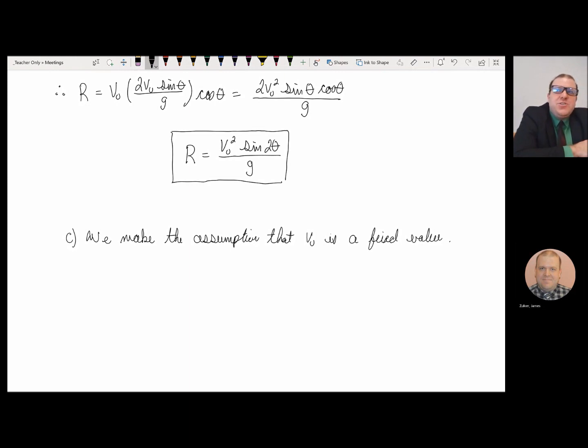Then maximizing range involves finding the proper theta. Do you remember how to maximize a quantity? It was a minimum 2 semesters ago. You're not technically wrong with limit.